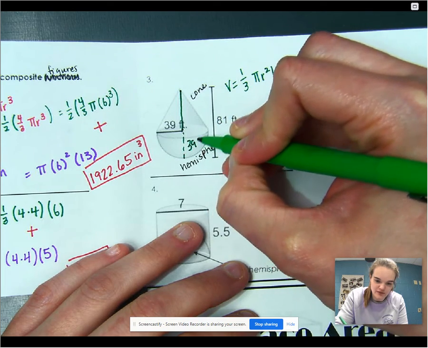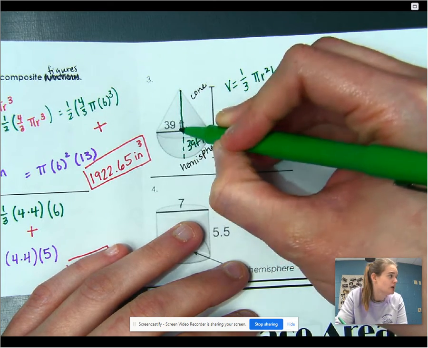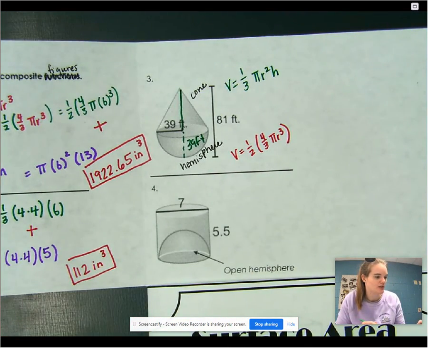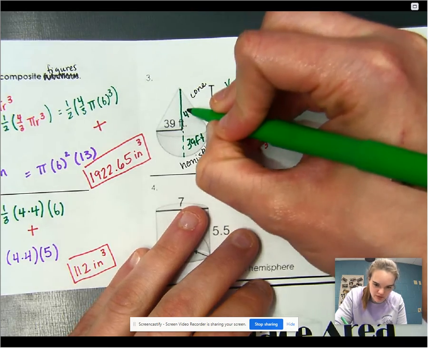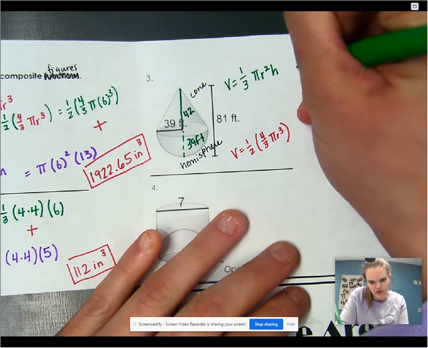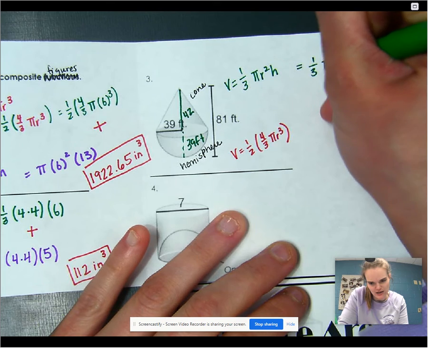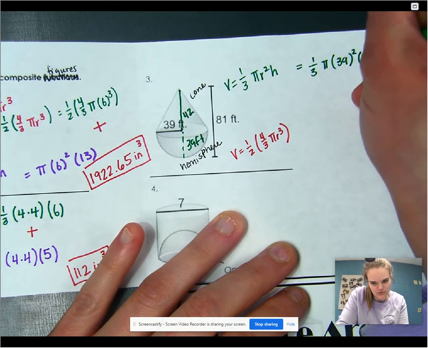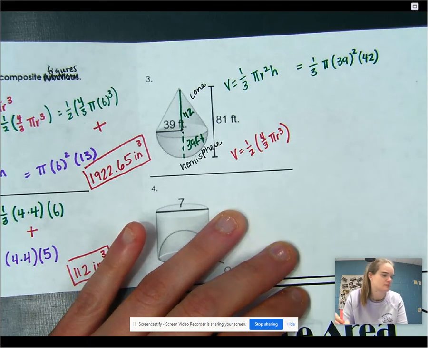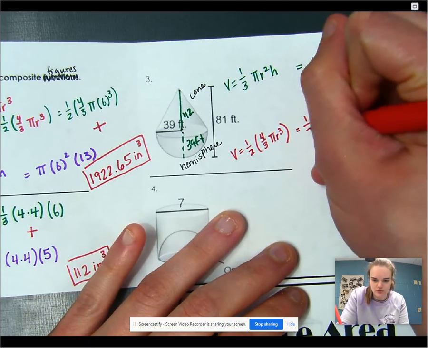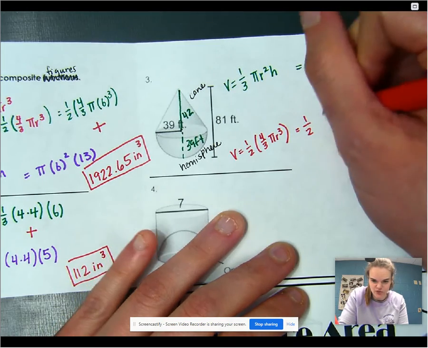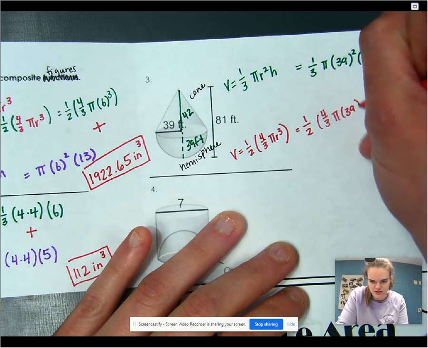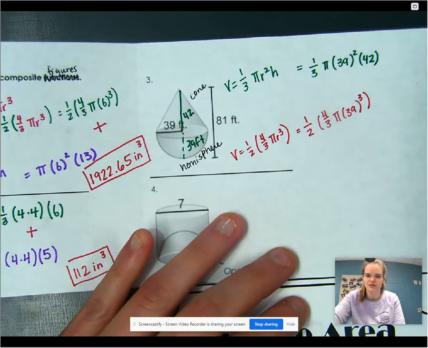This is also 39 feet because it's the radius. You have the radius here and here and here. So to find the height, we're going to do 81 minus 39. That gives me 42 feet. So the height of this cone is 42 feet. So 1/3 pi, the radius is 39 squared, the height is 42. The hemisphere's volume is 1/2 of 4/3 pi, the radius is 39 cubed. And we're going to add these two together.